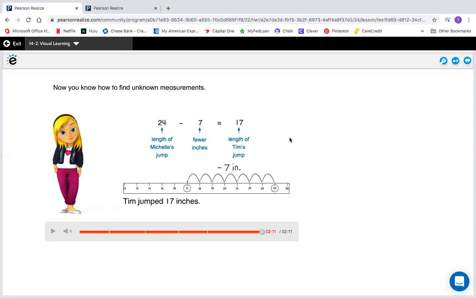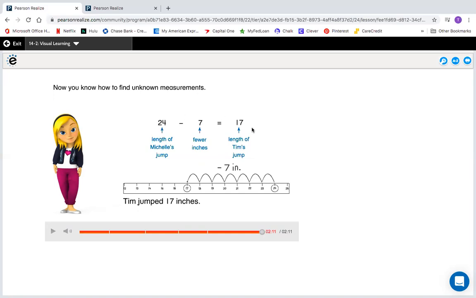Now, this one was a little more simple to find the unknown measurement because the unknown measurement was after the equal sign. Sometimes the unknown measurement will be before the equal sign, and then you have to think about fact families.